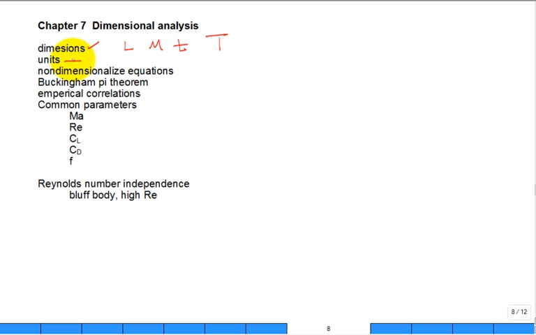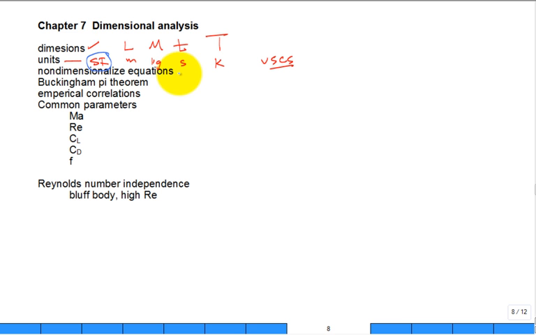Units, SI, so we have the length, the meter, mass, a kilogram, a time, a second, temperature, Kelvin. You could do USCS, although we don't use it. We use it on the streets and in business, but we don't typically emphasize it when we do dimensional analysis in a class like this. We can do pretty much everything in SI units.